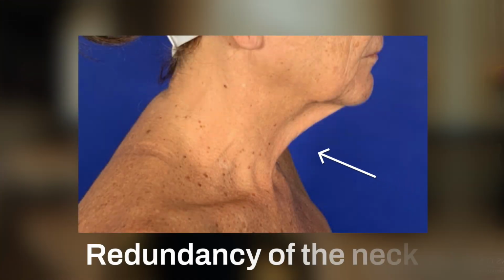And then you may have any degree of redundancy of the neck. So instead of having a 90-degree angle of the neck, you have an obtuse sloped neck, which gives the appearance of either being overweight or aged. So those things we can fix with any number of different treatment modalities that we can talk about here.